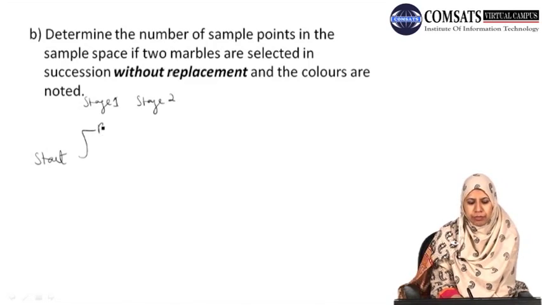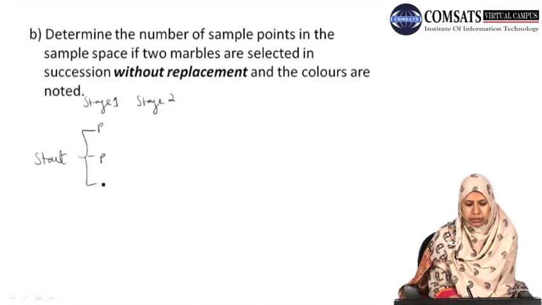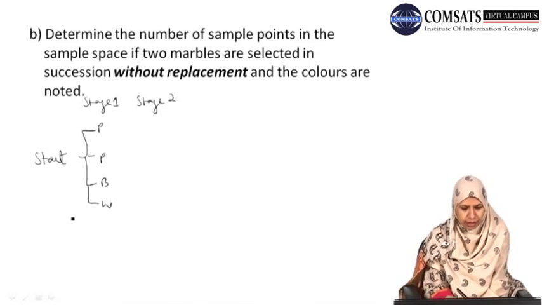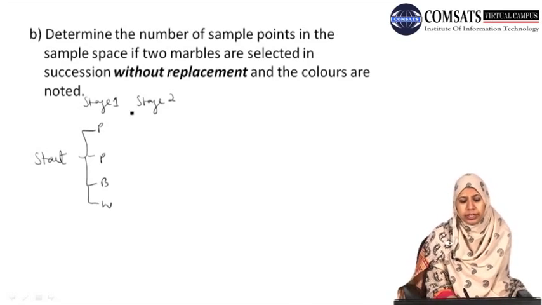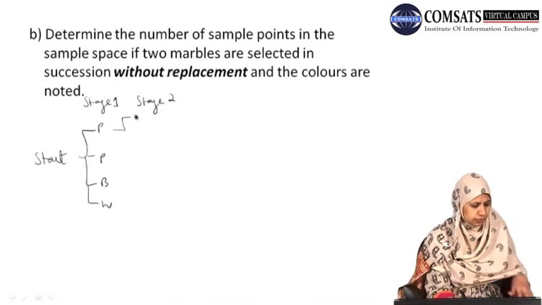In the first stage we have 4 possibilities, that either the marble taken out from the urn is red, pink, black or white, and then this marble is not put back again into the urn, which means then we are left with 3 marbles. So at the second stage we have 3 possibilities.